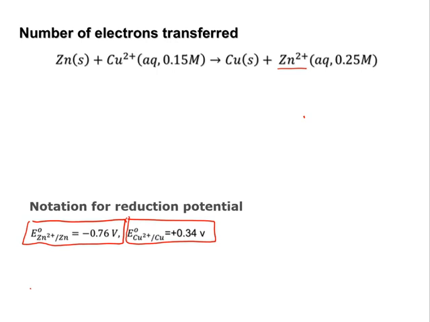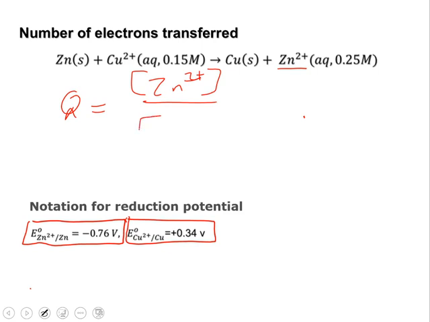Okay, so from what we've established, we know that Q will basically be equal to the concentration of zinc 2 plus divided by the concentration of copper 2 plus.